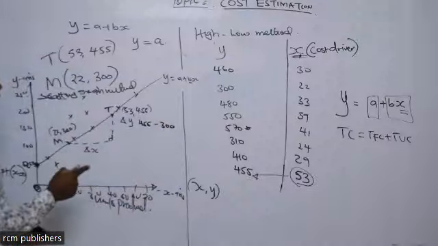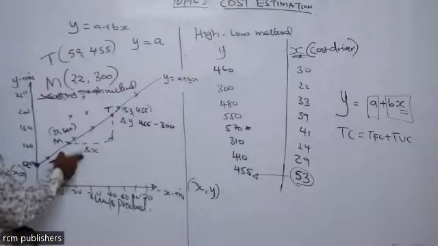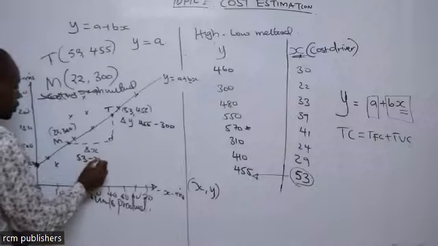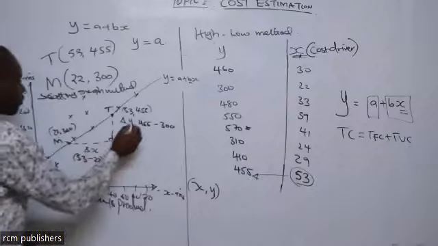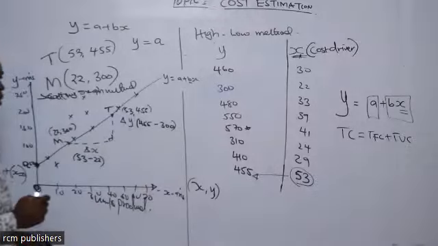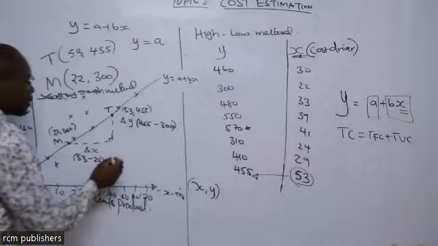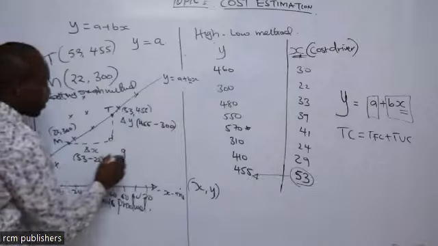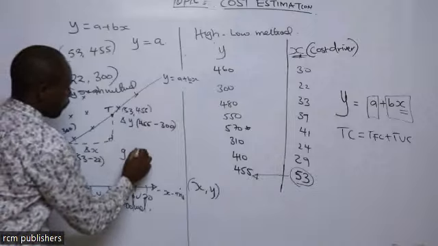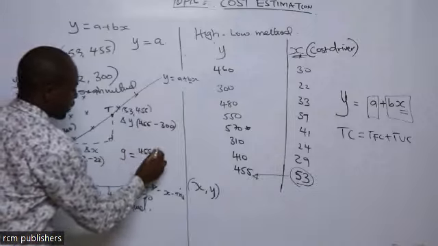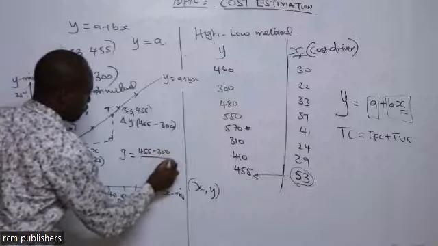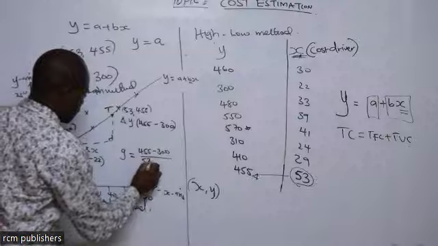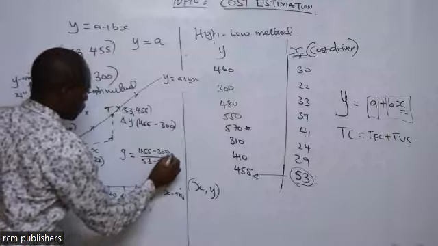We divide by change in x, which is 53 minus 22. So let us now get the slope or gradient of that curve, which is equal to 455 minus 300 over 53 minus 22.